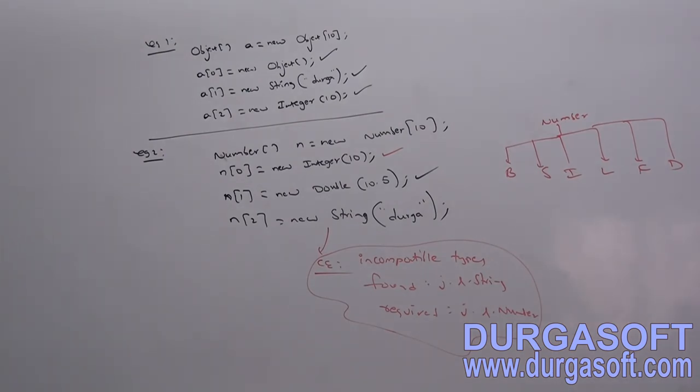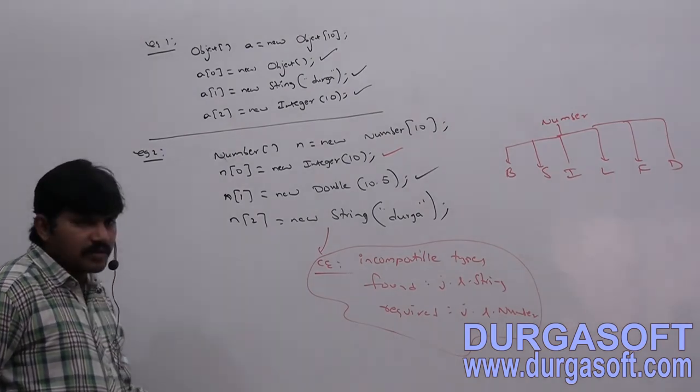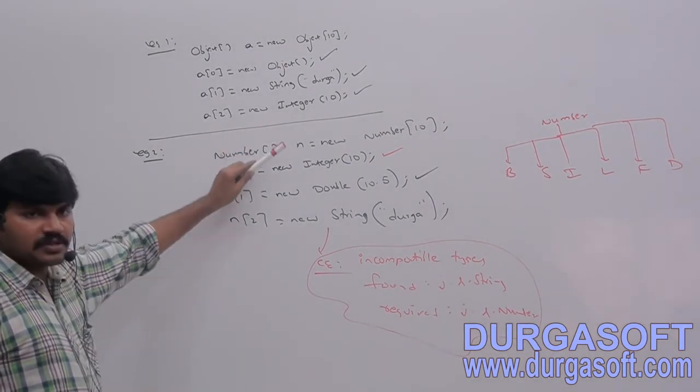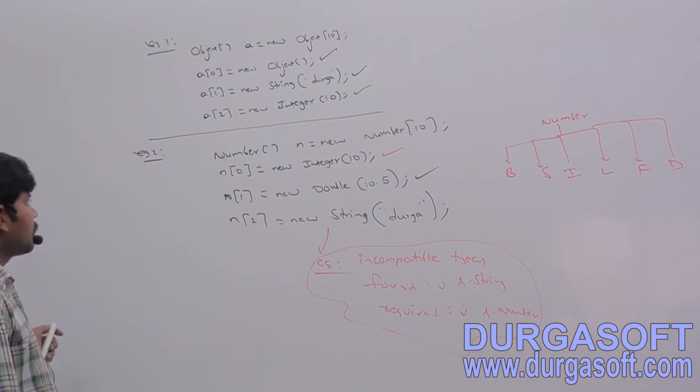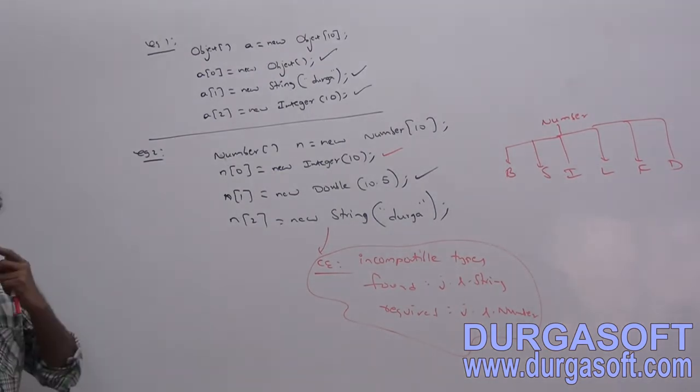Incompatible types found: java.lang.String, required java.lang.Number. Any explanation required now? Okay, that's all. This is case 2, object type arrays.